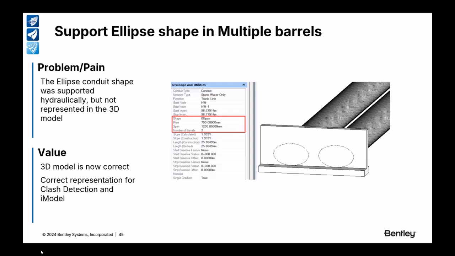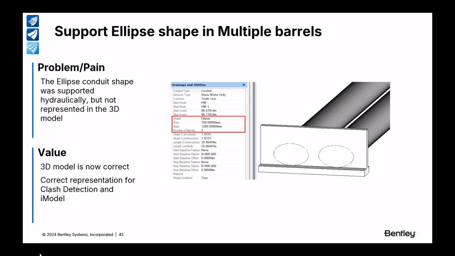The missing shape that we hadn't until now added support for is ellipses. So now if you've got an ellipse shape culvert barrel and you toggle on multiple barrels and put in the number of barrels that you need, you will now see that correctly represented in the 3D model.